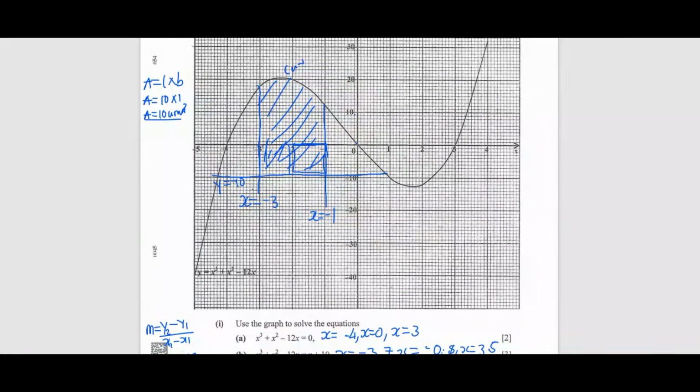So let's look at how many complete boxes we have. We have 1, 2, 3, 4, almost 5. So multiply by 5, 5 times 10 is giving us 100 units squared. Then for this one here, which is not that complete, this can just be an approximation.